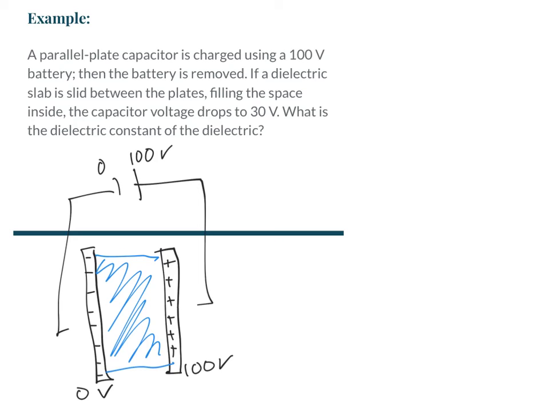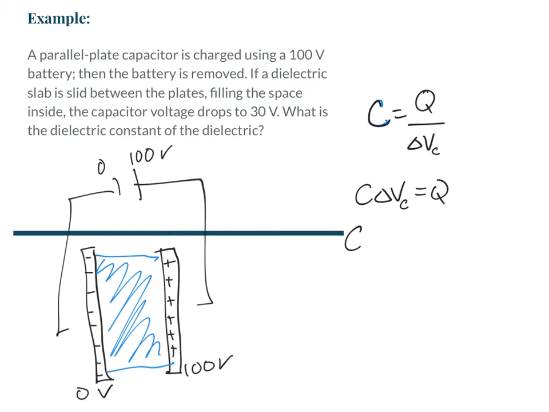So we have the equation from way back when that was the definition of capacitance. Capacitance is the constant of proportionality between charge and potential difference. And if you multiply that out, you get capacitance times potential difference equals Q. Now, the charge on the capacitor, since we've disconnected the battery, stays the same the whole time.